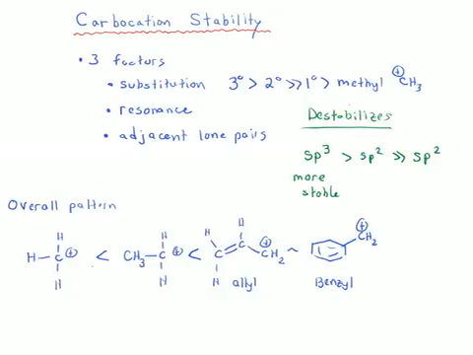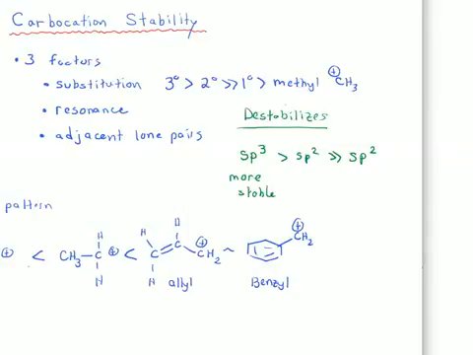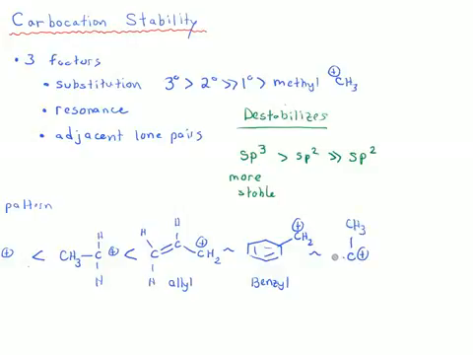And moving over, we've got secondary, and these are also about the same. So C+, CH3, H, CH3, so this is secondary, which is less stable than tertiary.